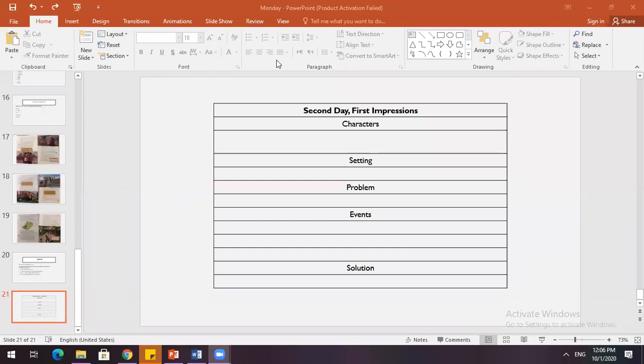Who knows who the characters were? Raise your hand on the screen, guys. Miss, what do you want? Who are the characters? Write this in your notebook. Yes, guys, in your notebook.